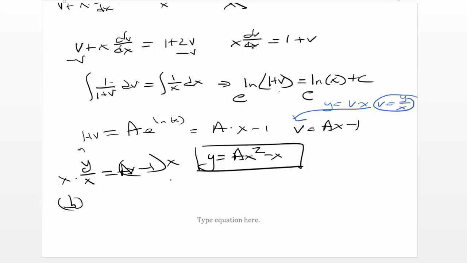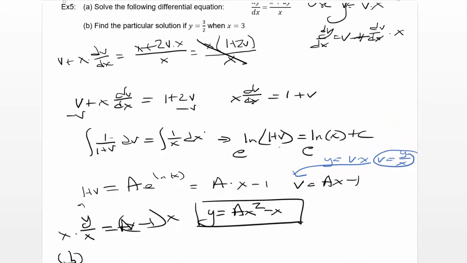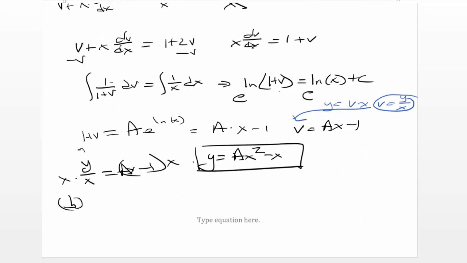We get this particular solution for the coordinates y equals 3 halves and x equals 3 by, again, substituting in those values. So for the solution that passes through the point 3 comma 3 halves, we have the following. We have 3 halves is equal to a times 3 squared minus 3.